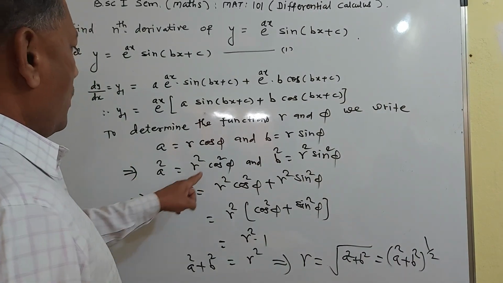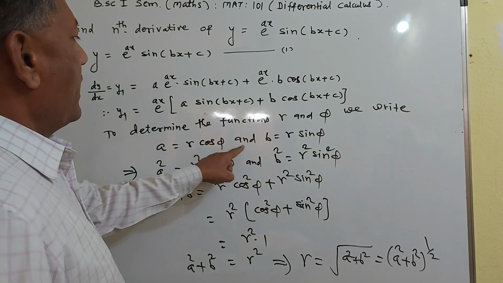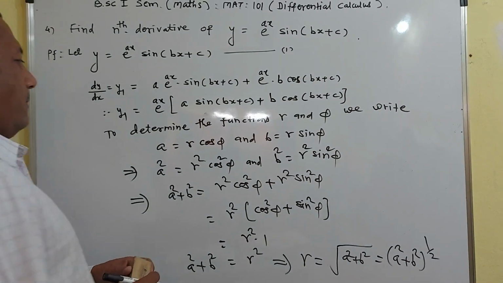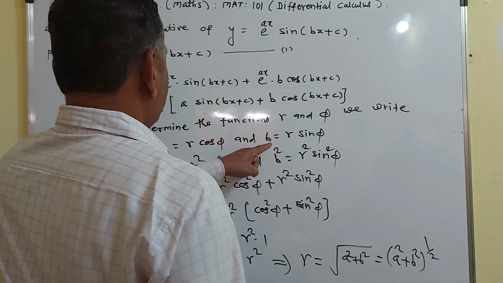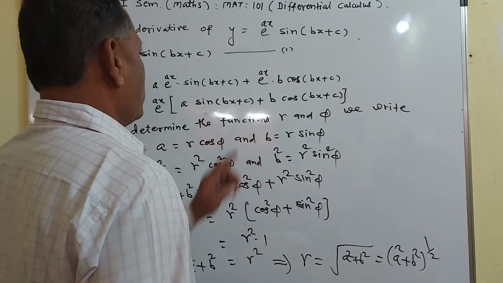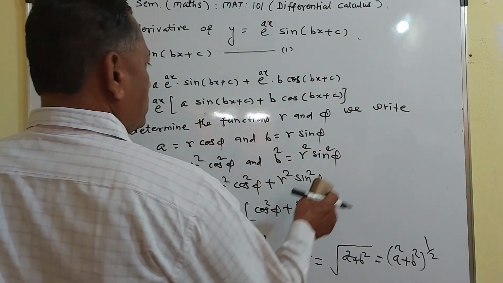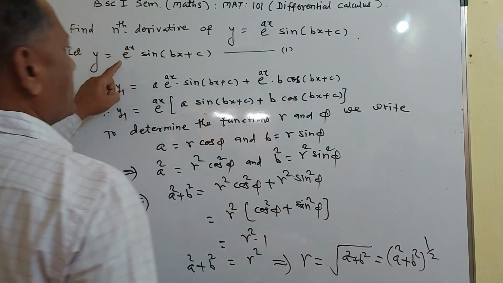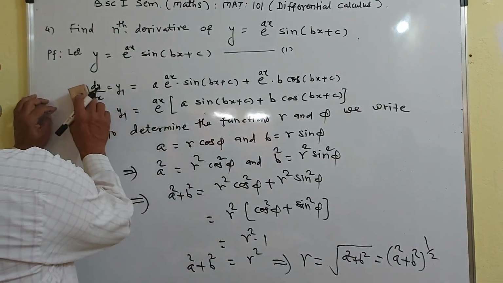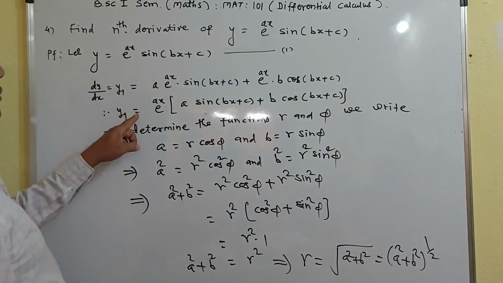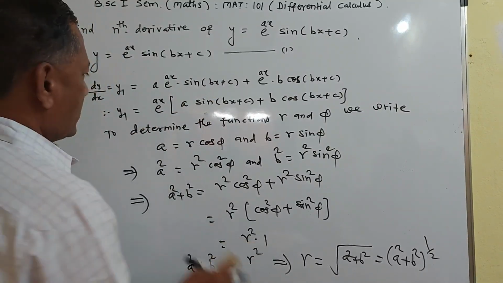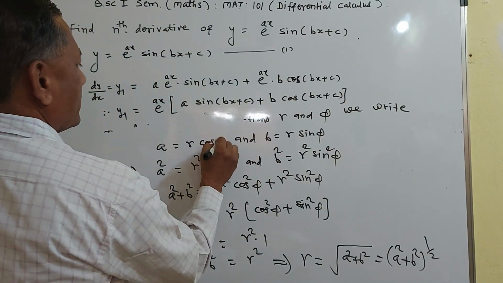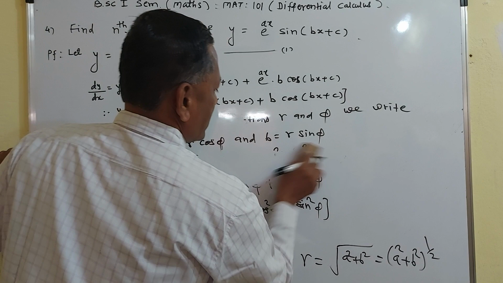Now you have a is equal to r cos phi and b is equal to r sin phi. So you remember all this.